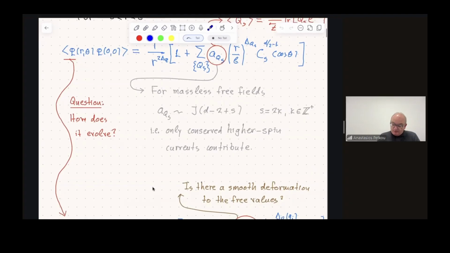But of course, one would like to answer the question more generally. And there are, as you know again very well, many efforts to answer this question through the thermal conformal bootstrap.